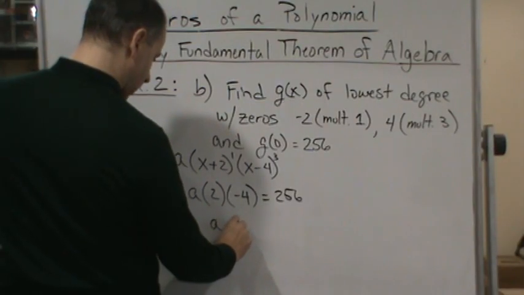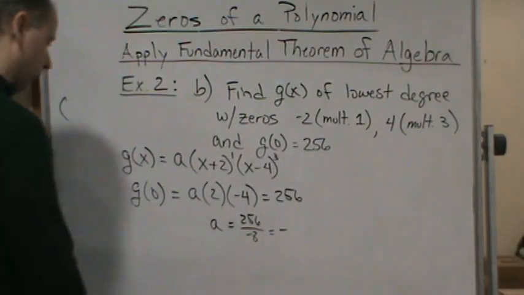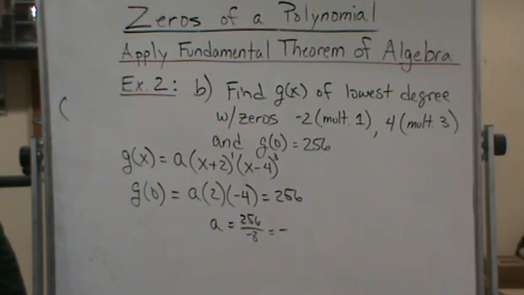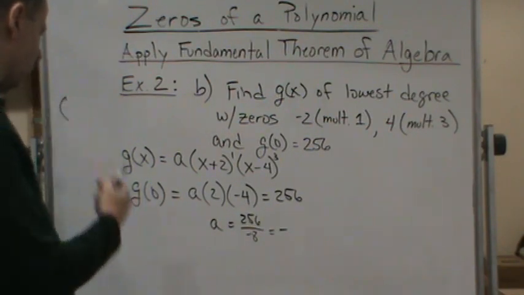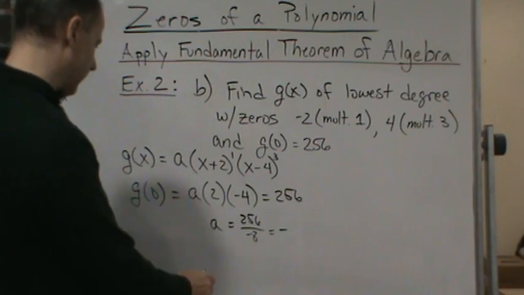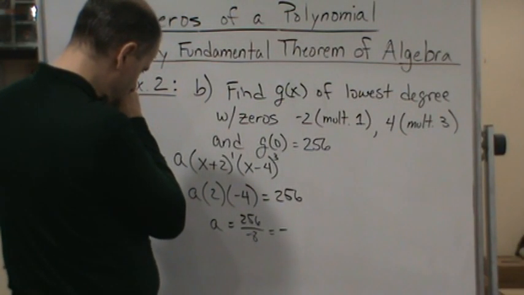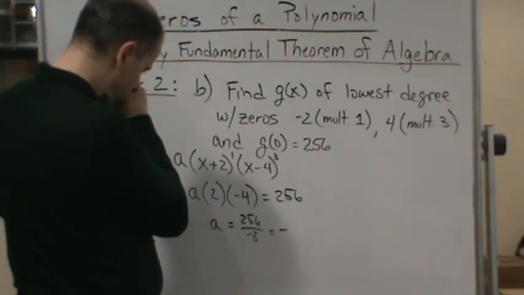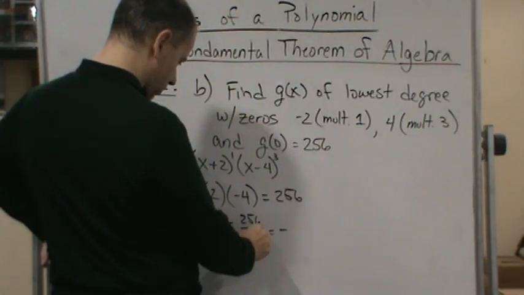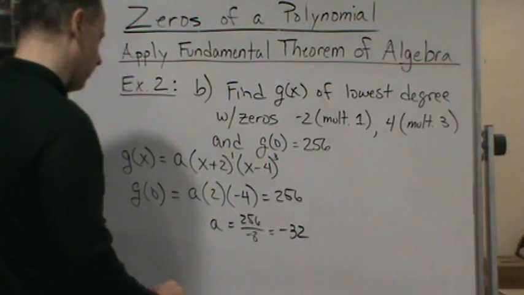So a will equal 256 divided by -8, which will give me -32.